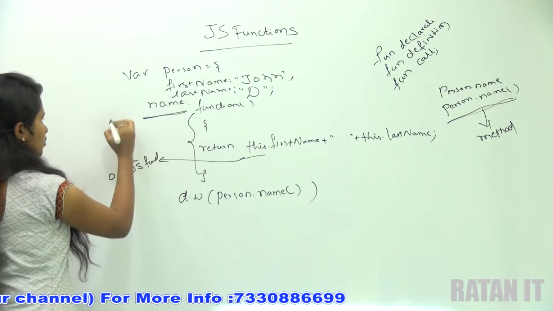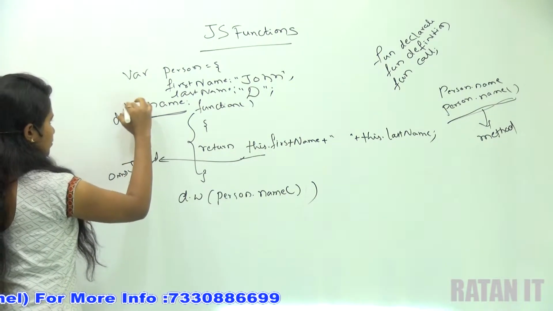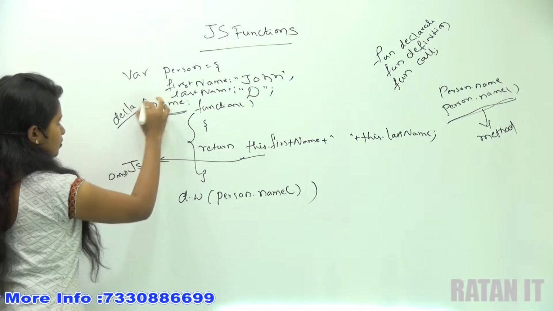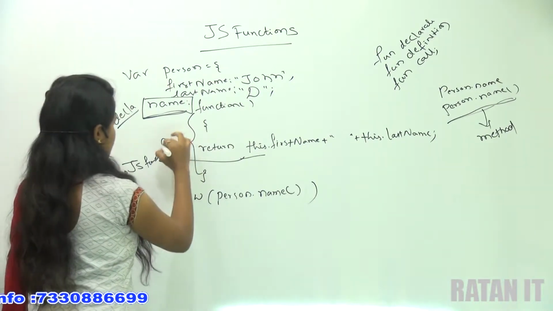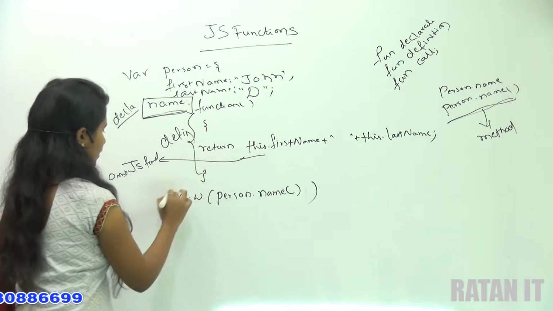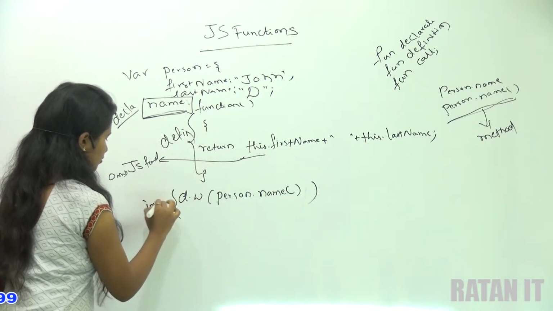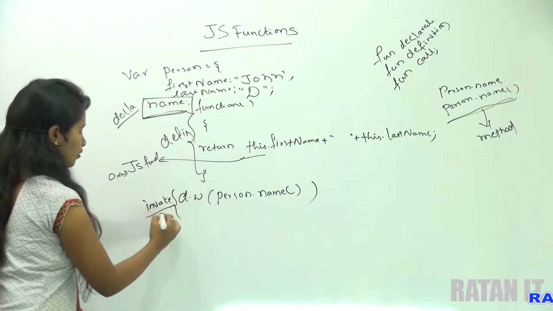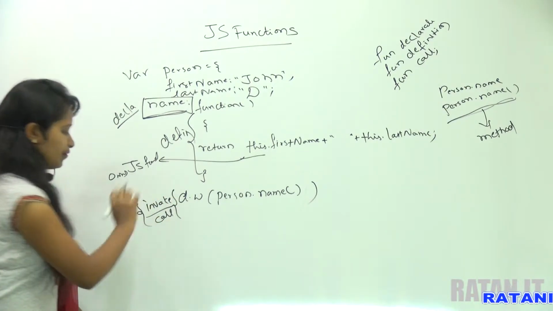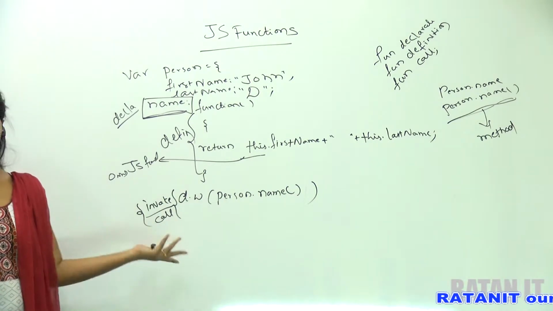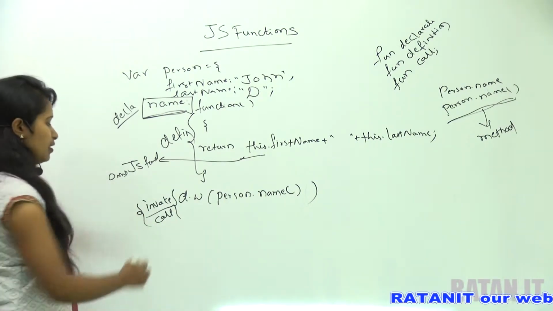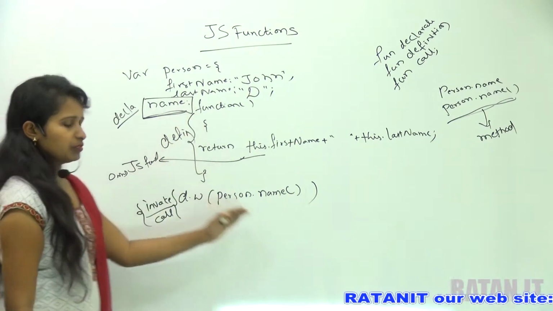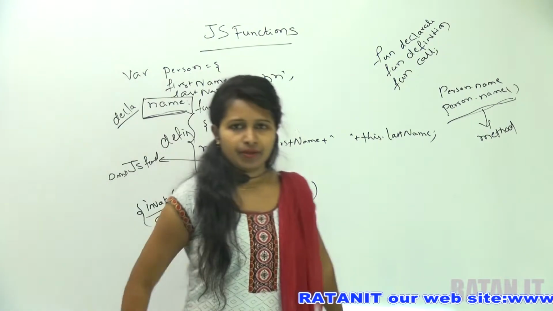So I call this a declaration, this is the definition, and this is the invocation, invoke or call. Both have the same meaning. Call a function or invoke a function, both ways we can say. So in this way we define a function.